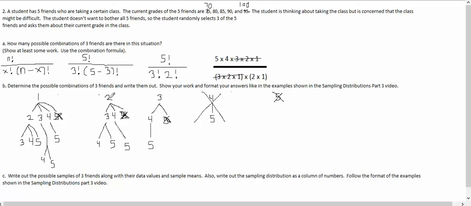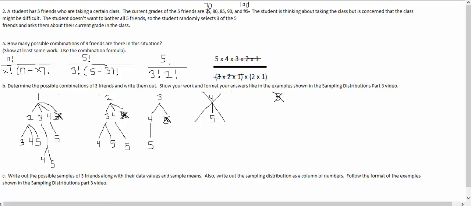And then 2, 3, 4, 2, 3, 5, 2, 4, 5, and 3, 4, 5. So that is 1, 2, 3, 4, 5, 6, 7, 8, 9, all 10 combinations.